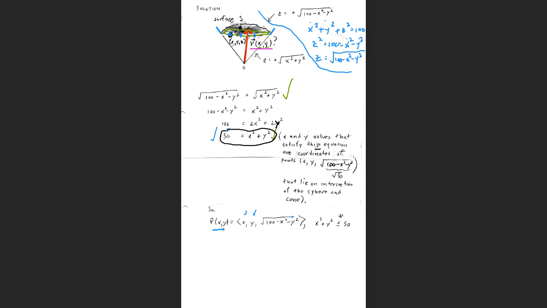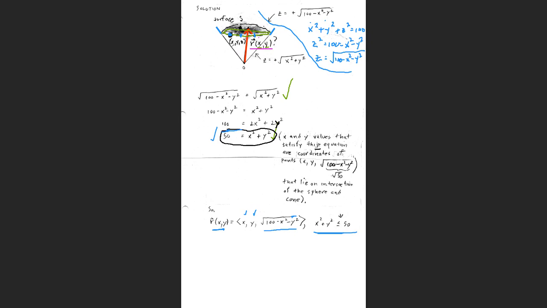So this vector r that's scratching out that surface S on the sphere, if we let x be x and y be y, then z is going to have to be the square root of 100 minus x squared minus y squared. But the restriction on the parameters x and y is that x squared plus y squared would have to be less than or equal to 50. Because on the intersection of the sphere and the cone, the parameters x and y have to obey x squared plus y squared equals 50.